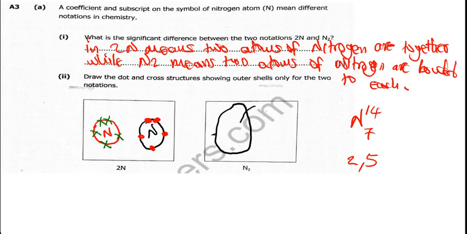So this one will bring an electron, then the other one also brings, and so on.